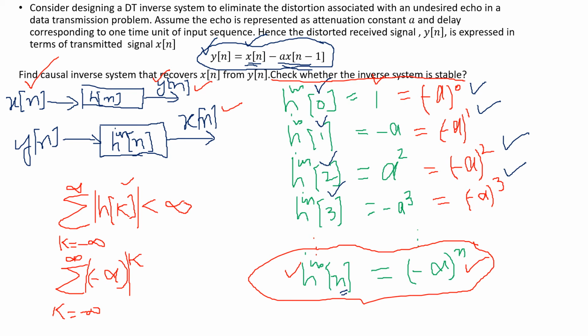So this will result in a finite value only when the absolute value of a is greater than 0 and less than 1. If this is the case, then the resulting system will be stable. If this is not the case, then the resulting system will not be stable. So that's all for this numerical. Let's move to the next one.